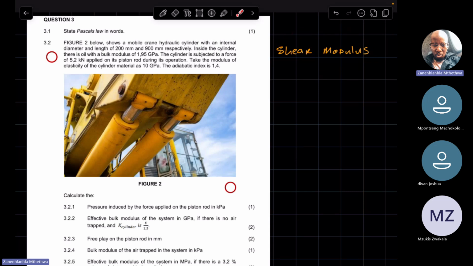So bulk modulus, modulus of elasticity, shear modulus, all of that falls under modulus of resiliency.